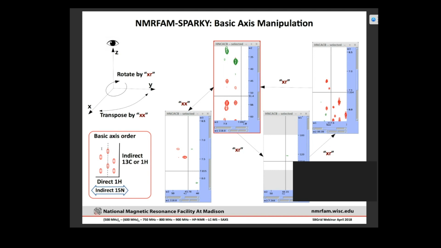That's the basic axis order you will prefer to use. So you use XX and XR to make the data match this basic order. You just use XX to swap the X and Y dimensions, and XR to rotate all three dimensions to make it like this basic axis order. That's what you use these two-letter codes for, to make a preferable view.